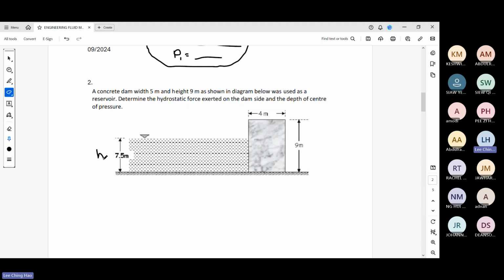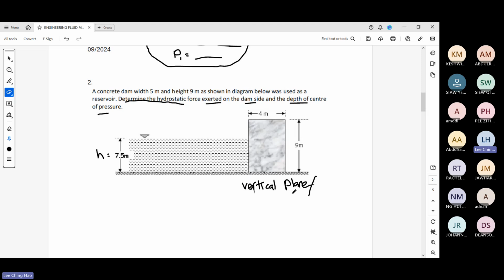Then it says determine the hydrostatic force exerted at the dam site and the depth of the center. What it means is they are asking for the value of the hydrostatic force and its location. And before you do, this is a vertical plane. Some of you are memorizing the force.